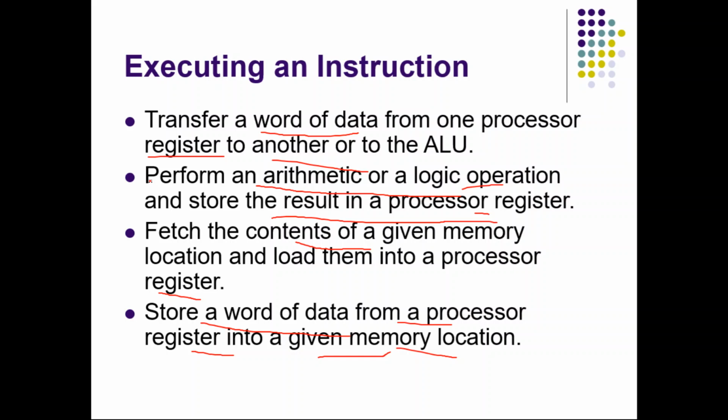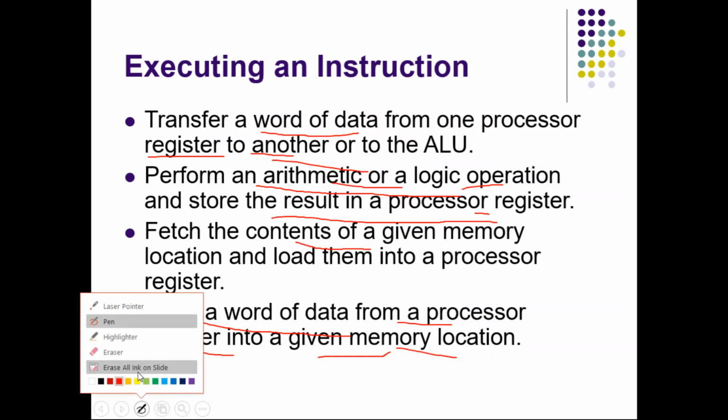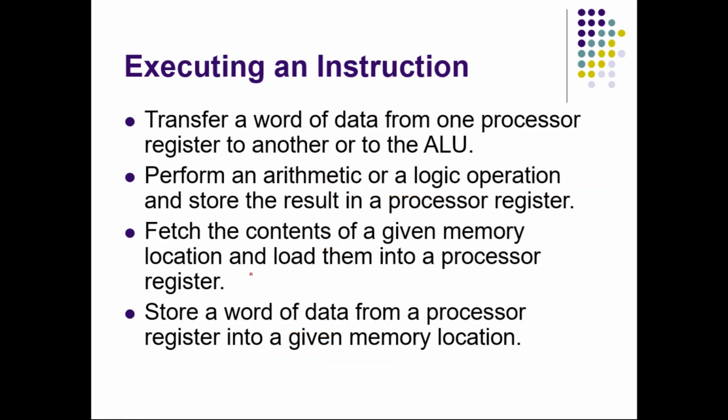So how exactly this is going to happen, that's what we are going to understand. First is transferring a word of data from one register to another. Next is performing an arithmetic or logical operation and storing the result in the register. Third is to fetch the content of a given memory location and load it into a processor register.